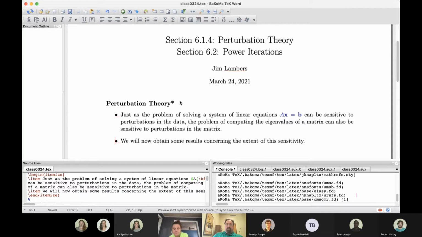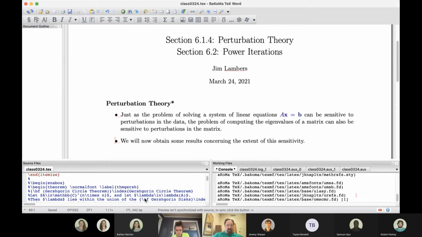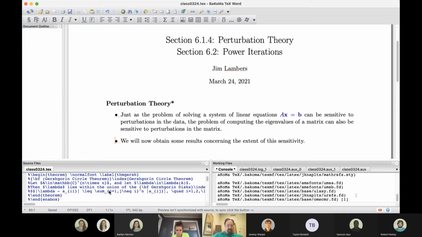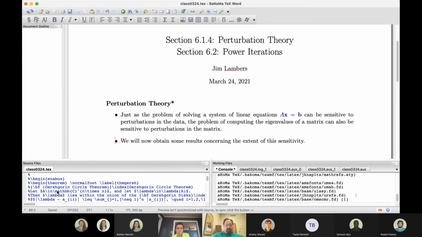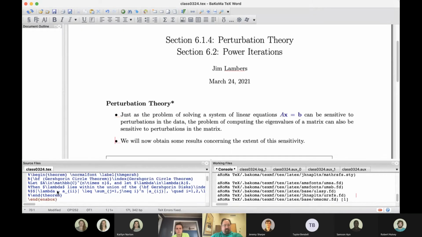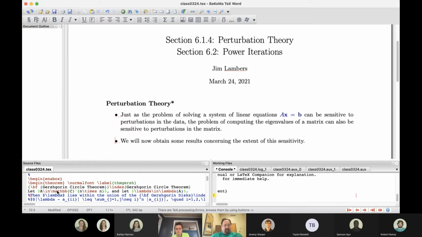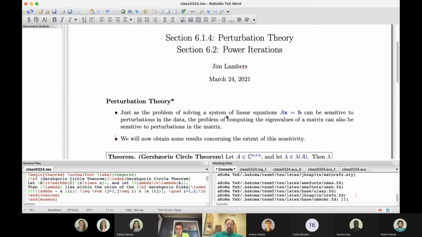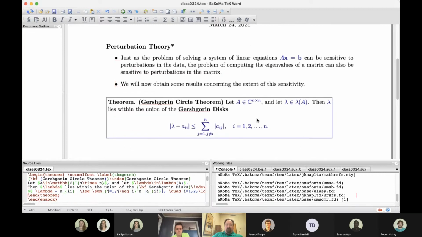So what about if we're solving the eigenvalue problem and the matrix A changes? Under what circumstances are the eigenvalues or eigenvectors particularly sensitive to such perturbations? Okay. So the first result related to sensitivity is a theorem called the Gershgorin circle theorem, or the Gershgorin disk theorem.